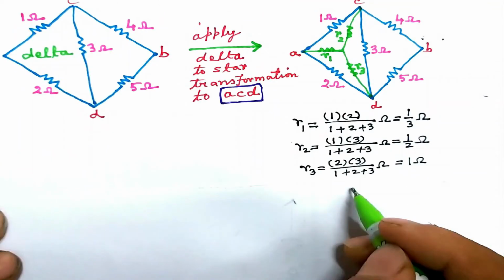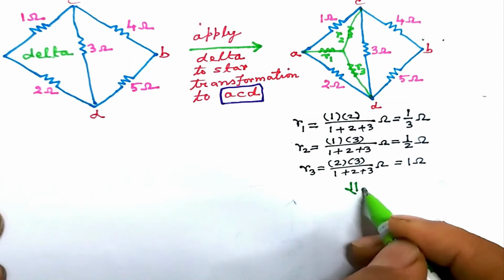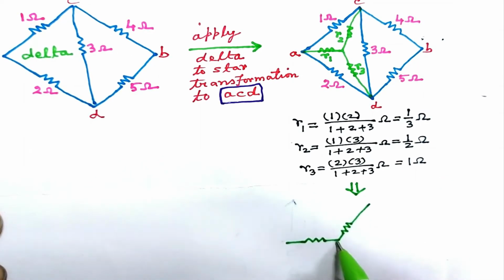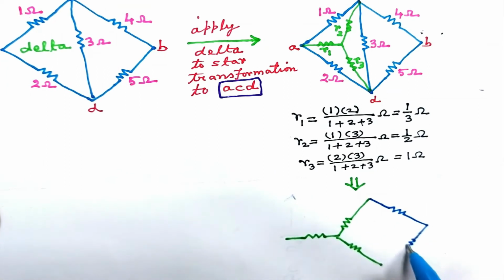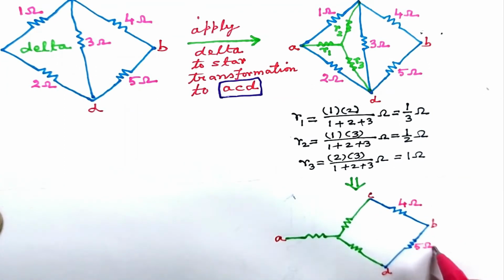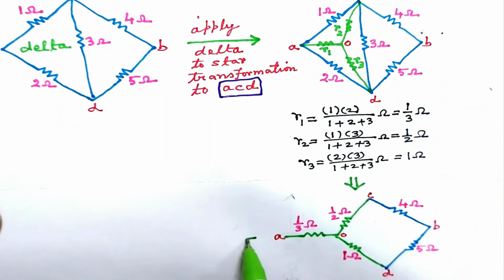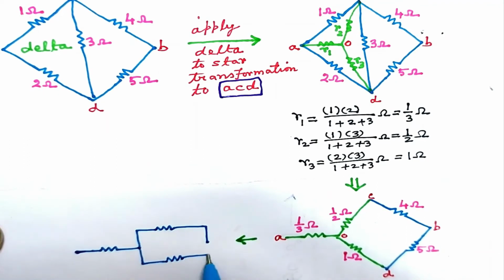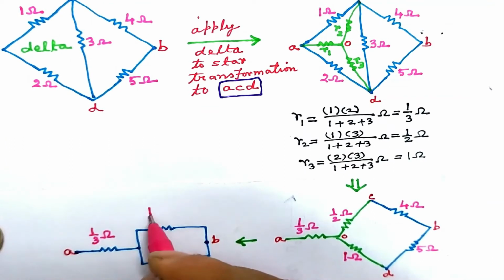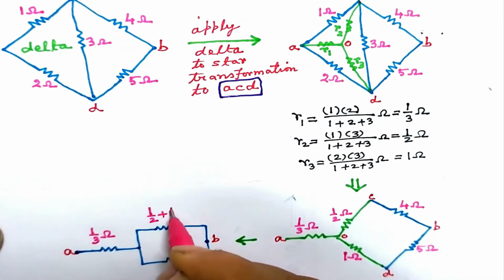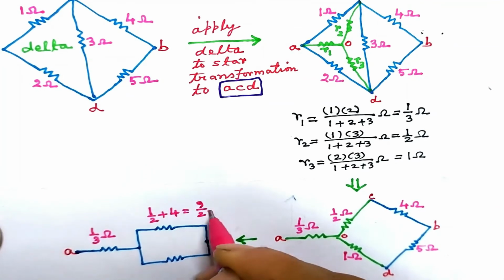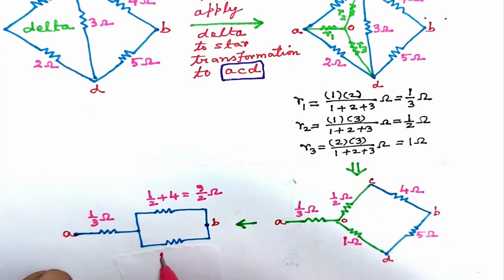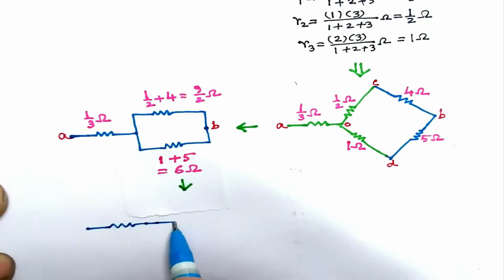Let us redraw the network with the converted star portion, and here it is. Put the resistances, and this reduces to, here half ohm between OC and 4 ohm between BC are in series, while 1 ohm between OD and 5 ohm between BD are in series.